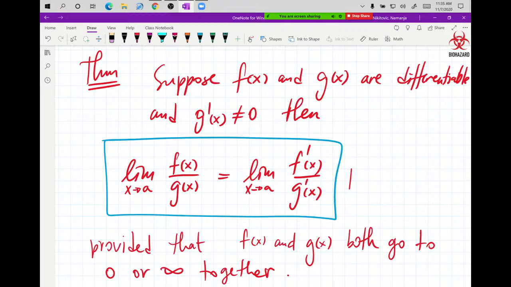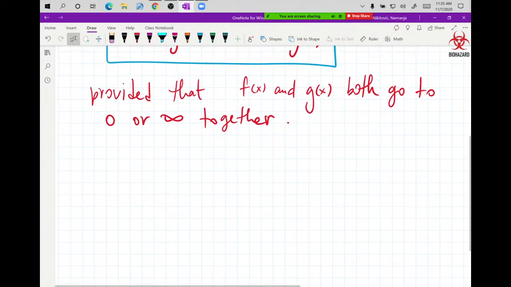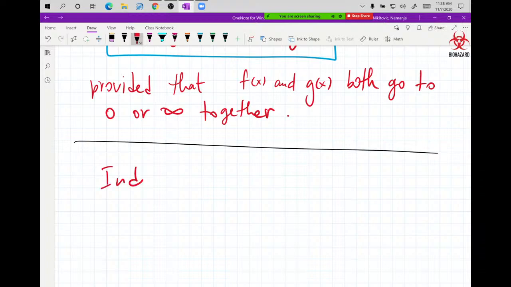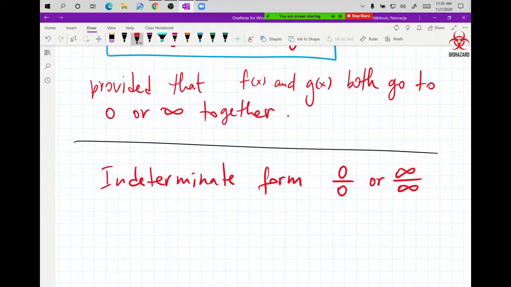So what this means is that we need something that is called indeterminate form. And that is 0 over 0 or infinity over infinity.